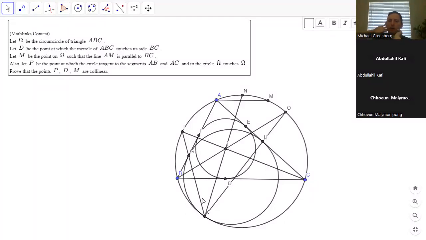Can we use the angle bisector theorem somewhere? Do we have any harmonic quadrilaterals?